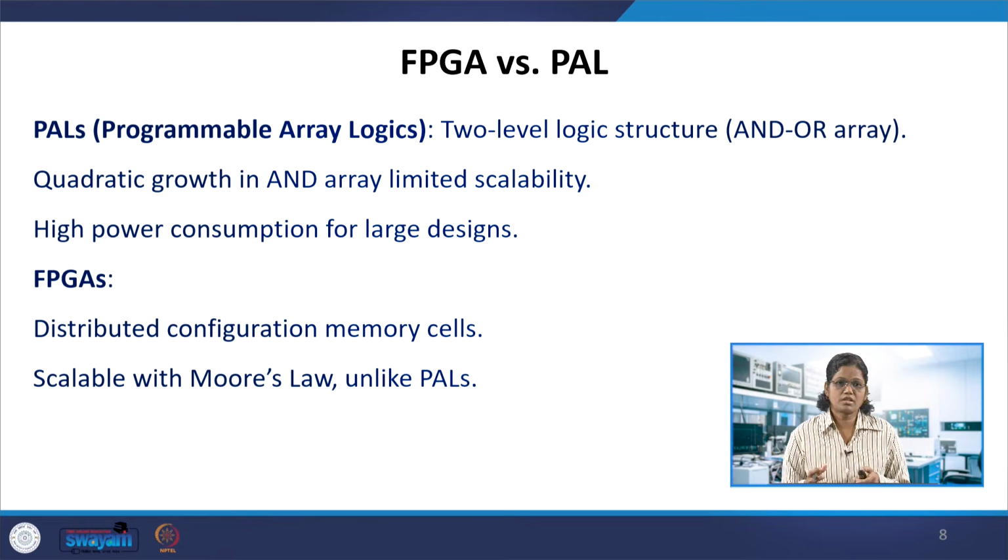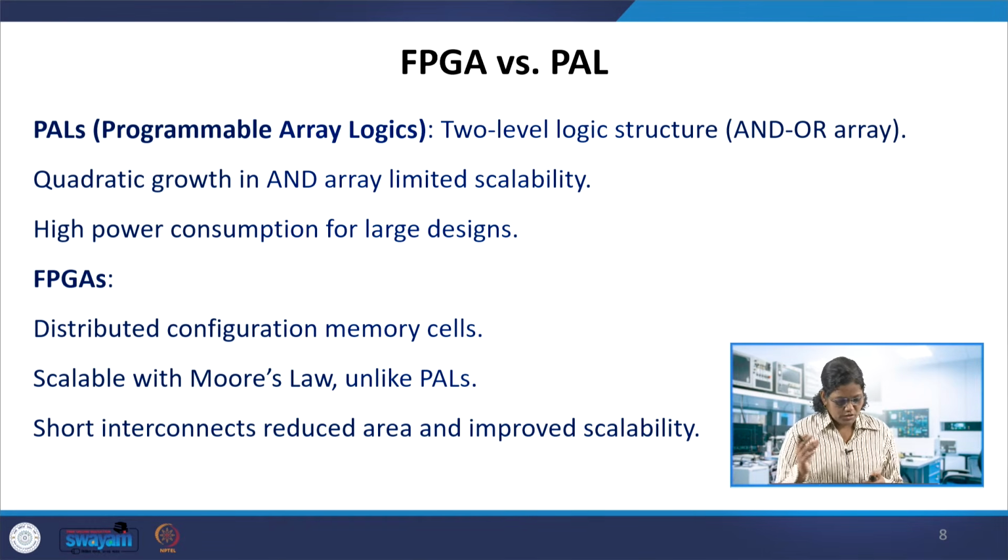Whereas the PALs were failing in scalability, the FPGAs were more adaptable. According to the rapid growth phase of Moore's law, the FPGAs were very much suitable for Moore's law transistor sizing.